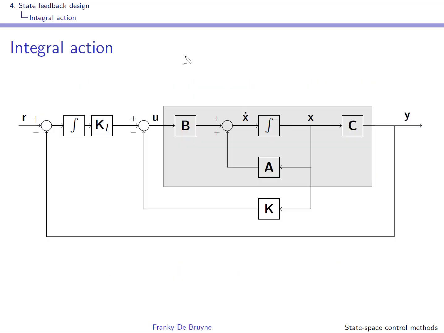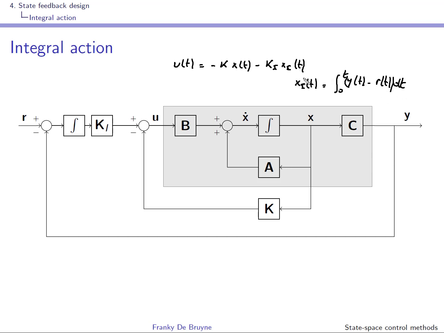Note that the equation that is implemented is u of t equals minus Kx of t minus Ki xi of t, and remember that xi of t is the integral from 0 to t of y of t minus r of t, right? And the whole thing is integrated with respect to t.